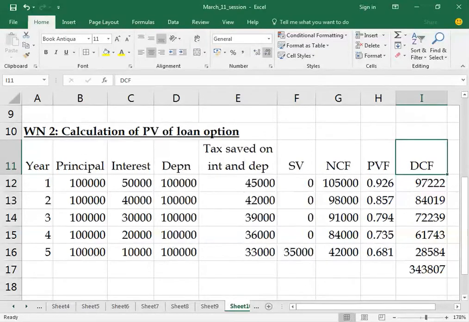The salvage value is 35,000 because on 50,000 you will pay tax. Book value is fully written off.